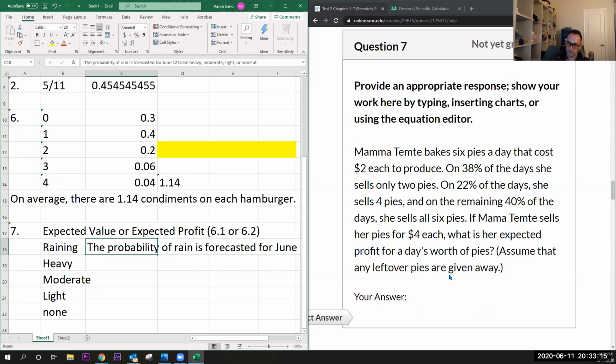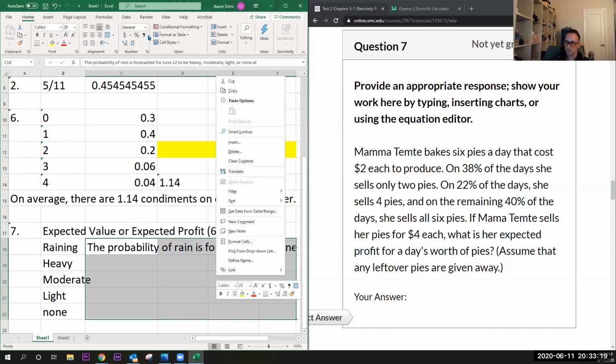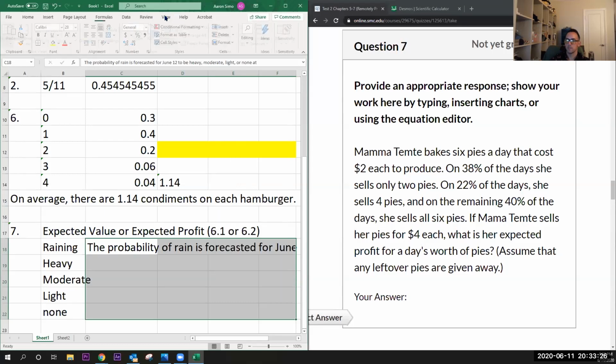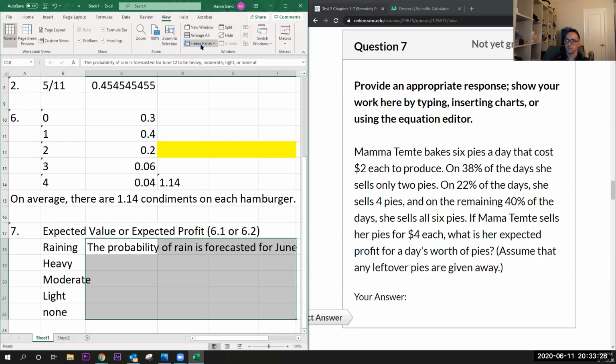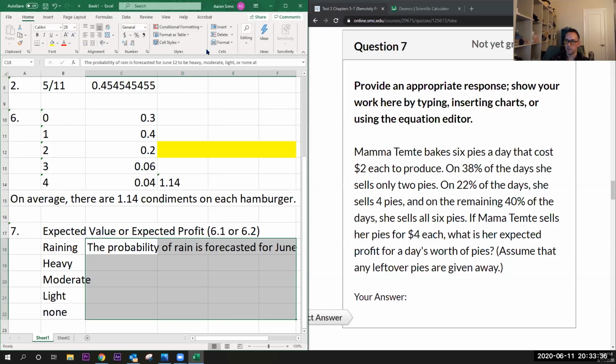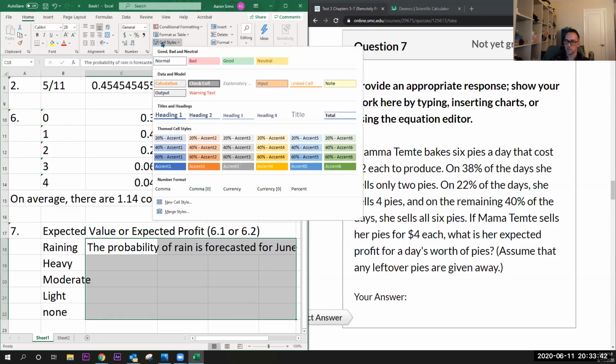Oh crap, hold on. How do I make that into one cell? Cell styles? No, not cell styles.